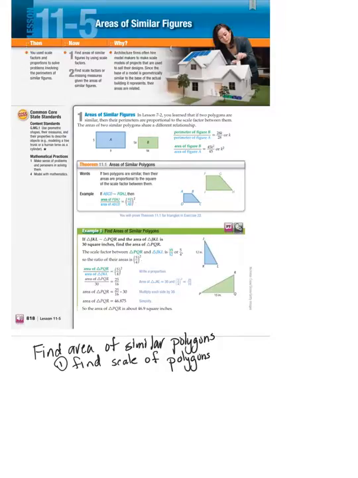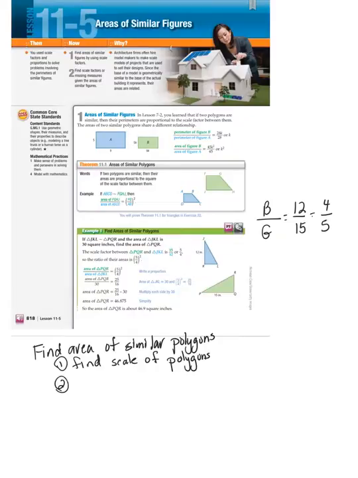So as I'm looking at example 1, I'm going to go the blue to the green. The blue side 12 corresponds to the 15. And when I reduce this by 3, I'm going to get that my scale factor blue to green is 4 to 5. So the first thing I do is find my scale factor of the polygons.